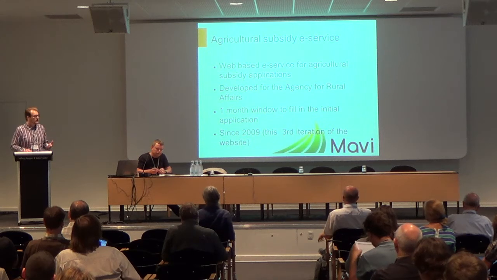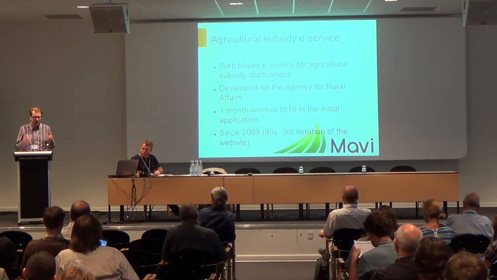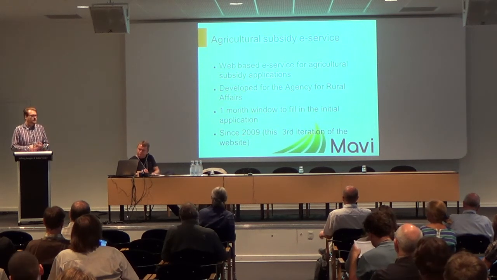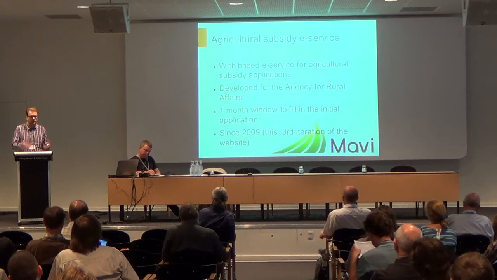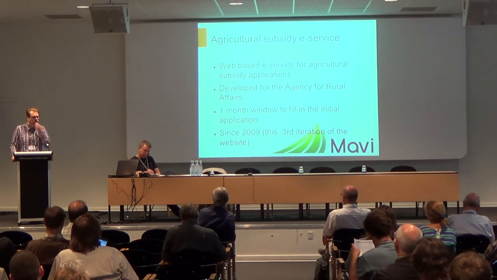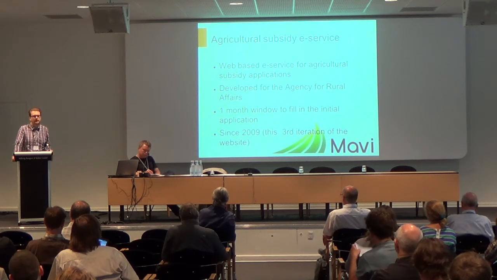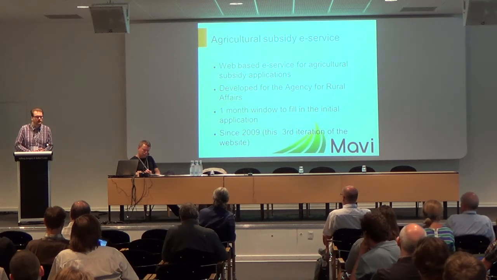The case in question is the agricultural subsidy e-service in Finland, which is a web-based application where farmers and other applicants may do their subsidy applications for agricultural subsidies, both EU-wide and national. It's developed for MAVI, the Agency for Rural Affairs of Finland.